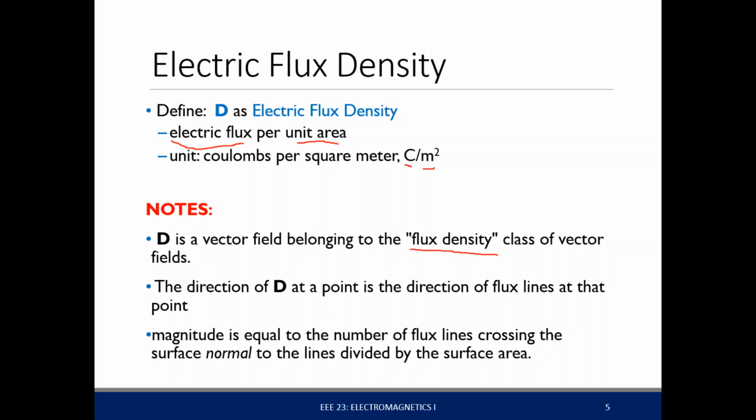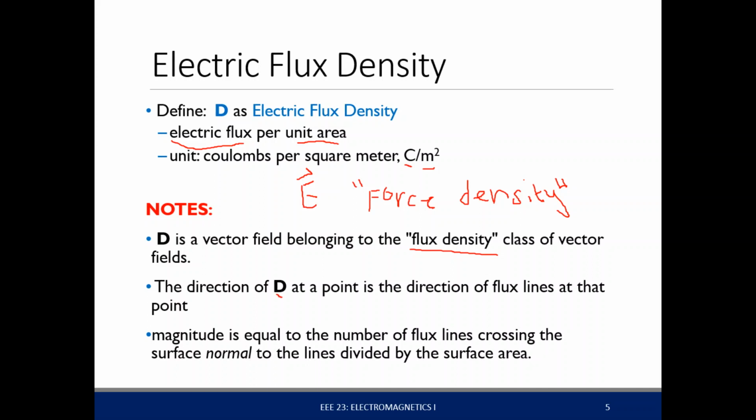It's different from your electric field. The electric field is also a vector field, but it is a force density class of vector fields, while your D is a flux density.